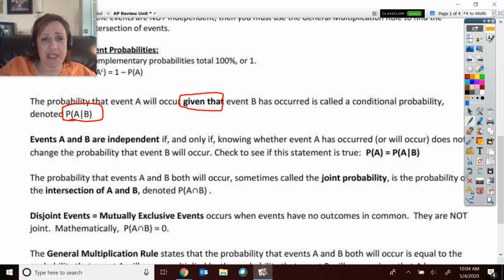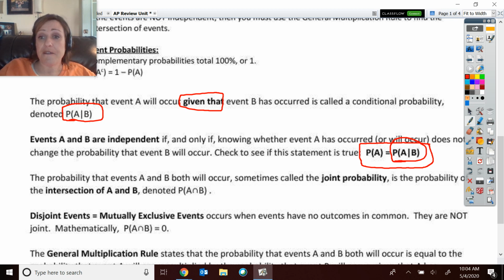you can determine if events A and B are independent. And remember, that's the fact that one thing has happened has not changed the probability of the other. So you could actually compute this, and this is the mathematical process you have to go through to check for independence. Right here. You would compute probability of A given that B has happened.